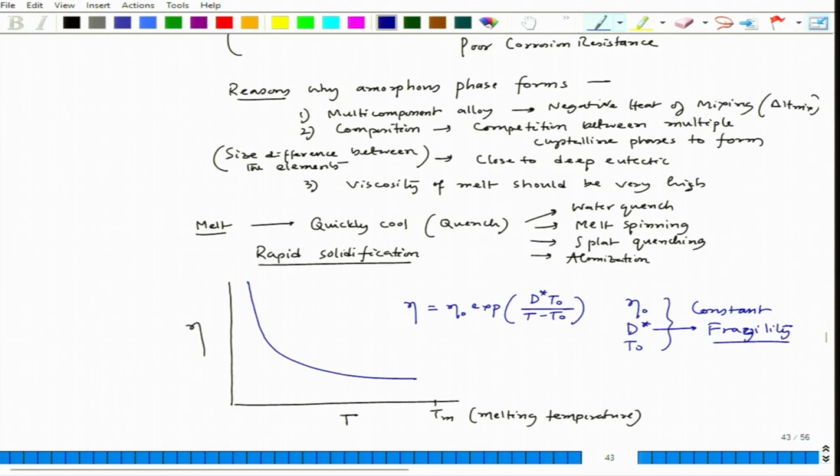So, when we have this viscosity like this, if we reach the viscosity to the level of 10 to the power 12 to 13 Pascal second, corresponding to that temperature, and here I am dropping the temperature because I am cooling. So, at that temperature we form glass, and that particular temperature is called the glass transition temperature.